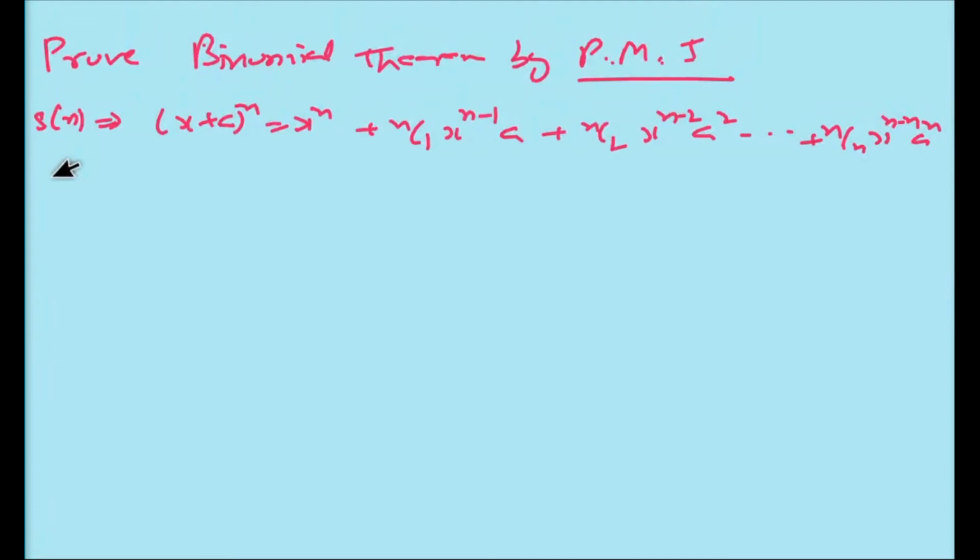So how can we prove it by PMI? You know that first we put the value n equal to 1 on both sides and check it, then we assume it for r terms, then we check for r plus 1.